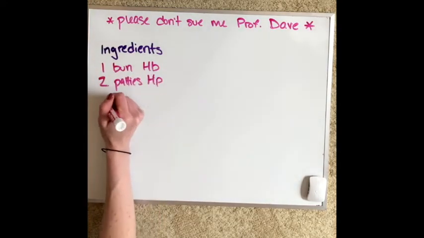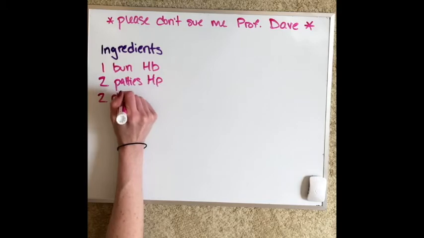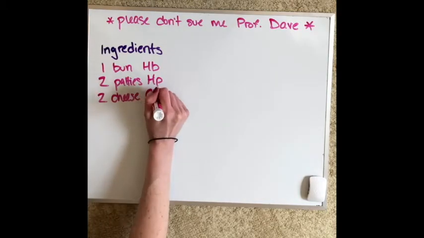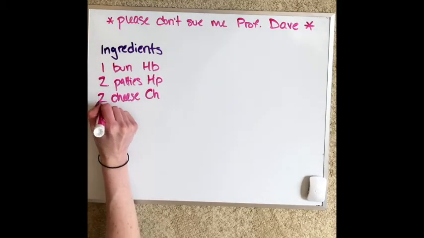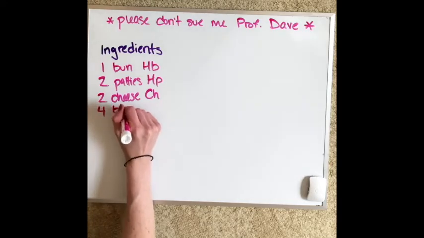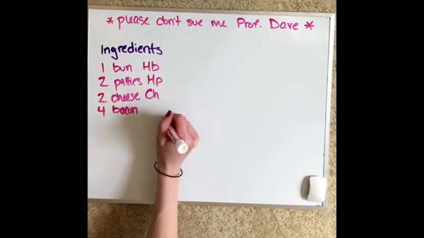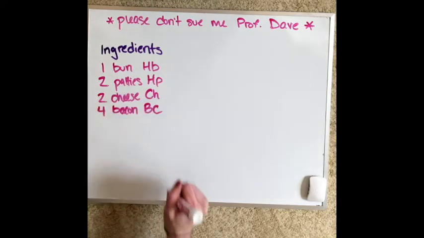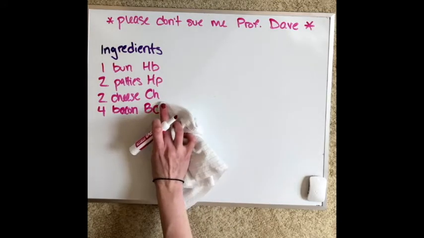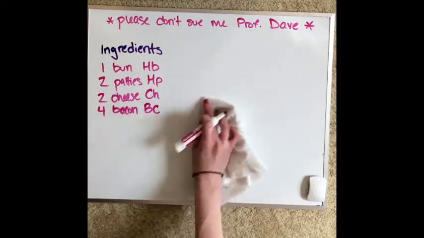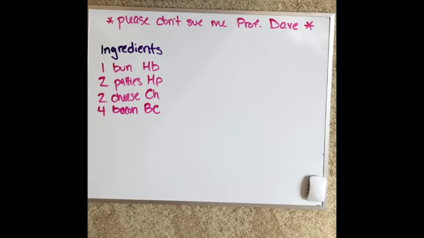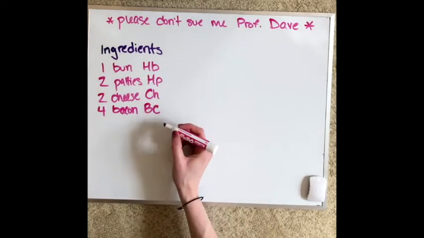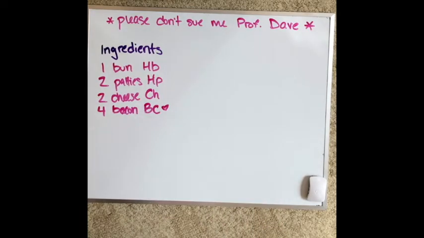We're going to need 2 slices of cheese, symbol CH, and we're going to need 4 strips of bacon, because why not? Everybody loves bacon. I'm sorry if you are not a fan of bacon or you're a vegan, in which case I apologize. But I love bacon.